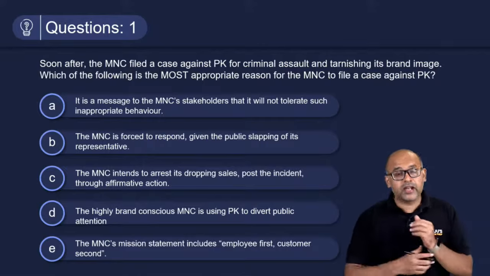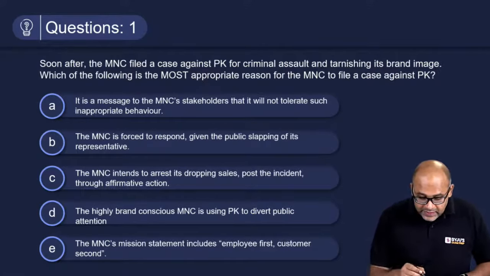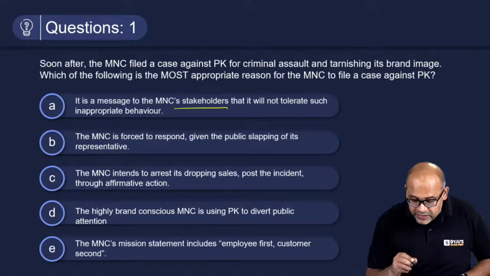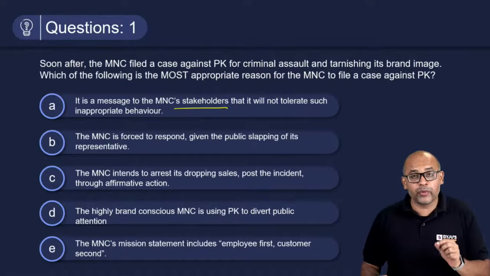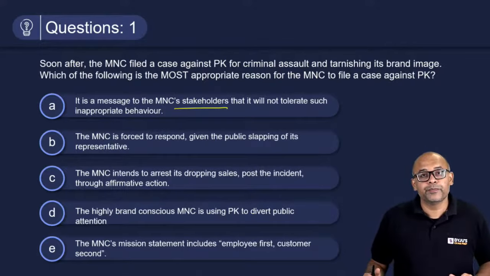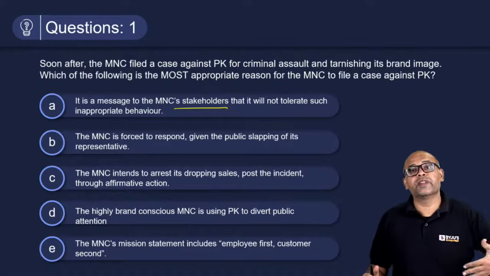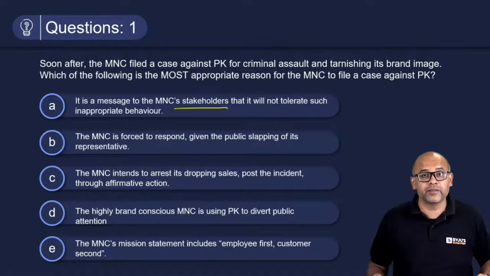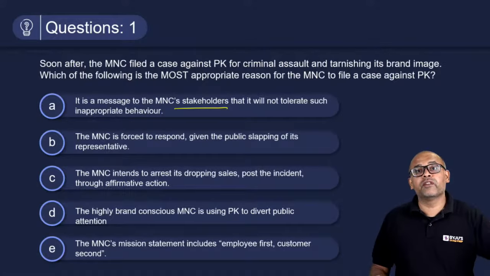Well, let's take a look at all of these options. The first option says it is a message to the MNC stakeholders that it will not tolerate such inappropriate behavior. See guys, if I am running a company and I am conducting an event, and the chief guest of the event comes and slaps my company representative, whatever might have happened, there is no direct proof that we did something wrong.